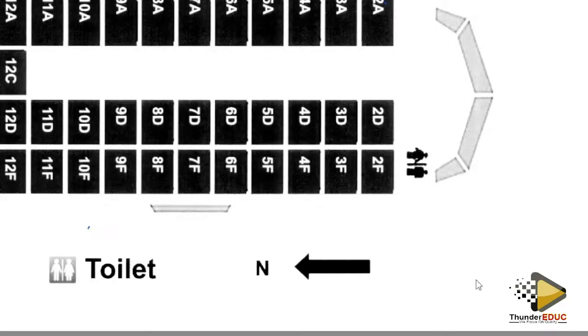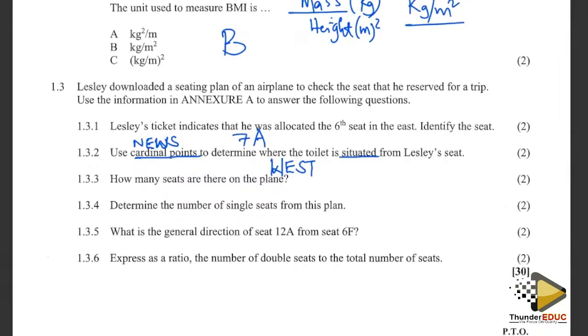When we look at the point, it indicates that the person was allocated the sixth seat in the east. Take note of that, in the east. So how will you know the east? We shall use the compass and identify the seat.